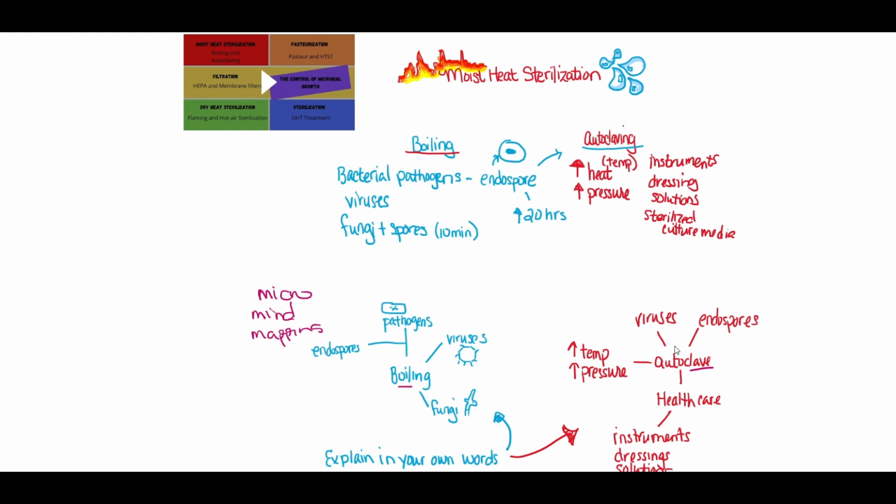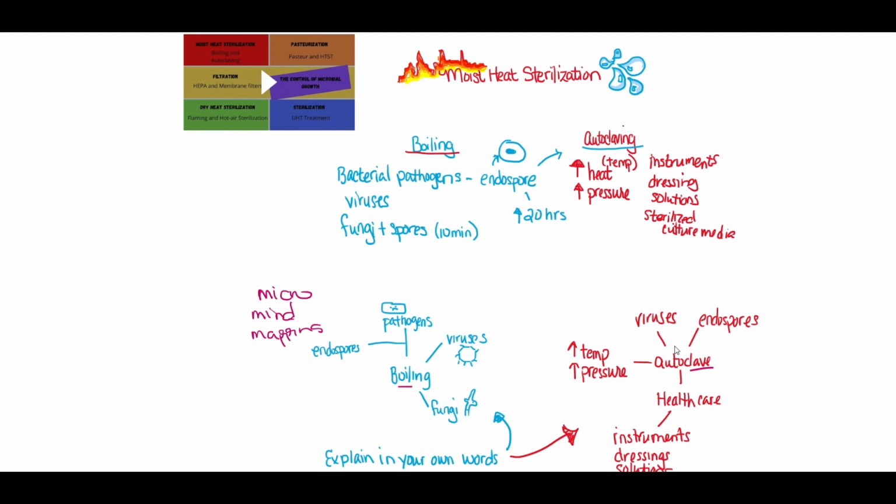Okay, boiling can be used to kill endospores, but it's going to take more than 20 hours for endospores to be killed. It can kill bacterial pathogens, viruses, fungi, and spores. Autoclaving, okay? Autoclaving can be used to kill endospores and viruses. You'll need a high temperature and a high pressure.